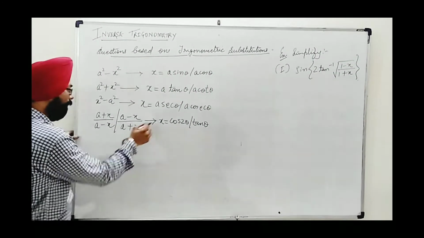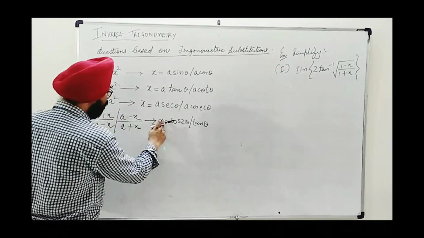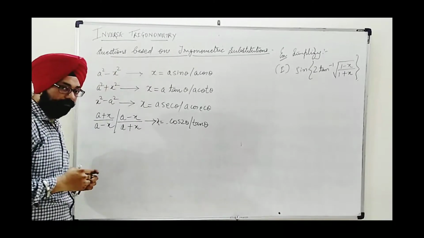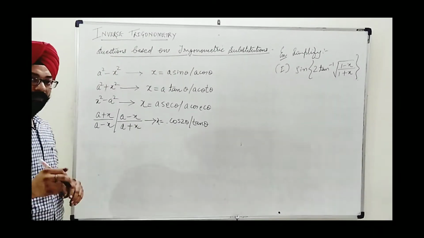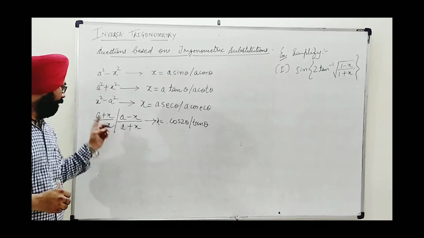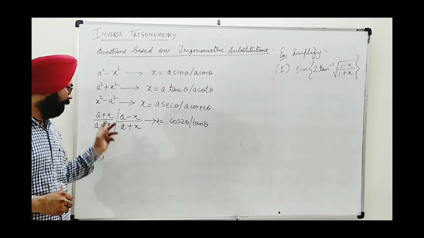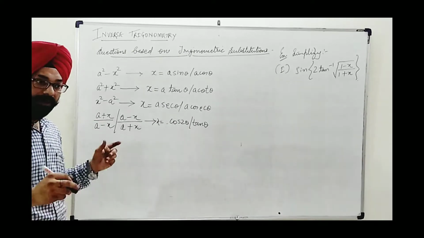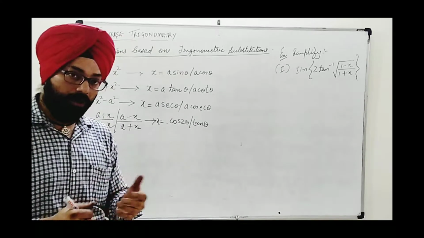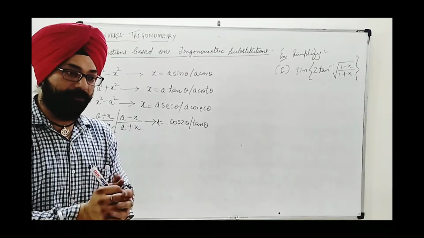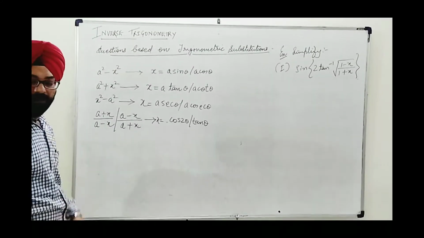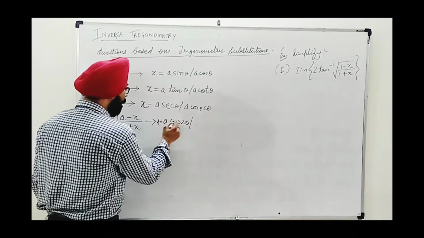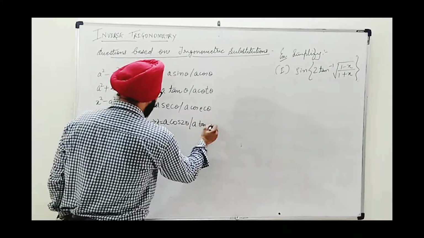Whenever we have this fourth pattern, a plus x upon a minus x or its reciprocal, not only in rational form, or we are given the addition and subtraction of a plus x and a minus x in some expression, in all those cases we should substitute x by a cos 2 theta or a tan theta.